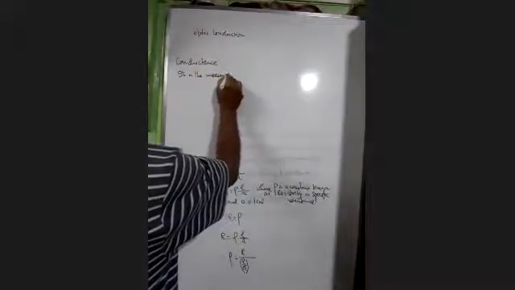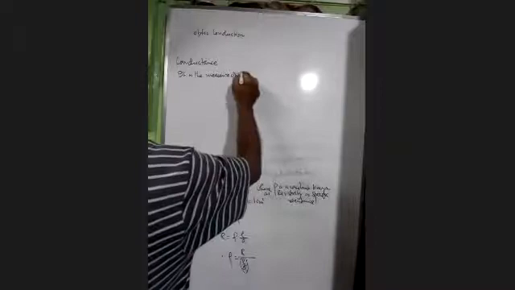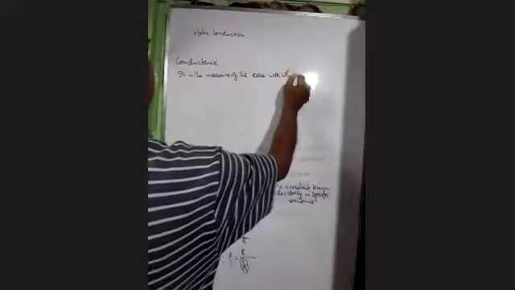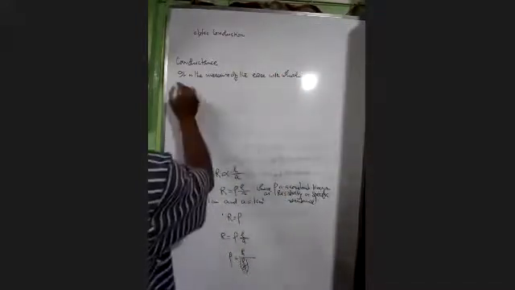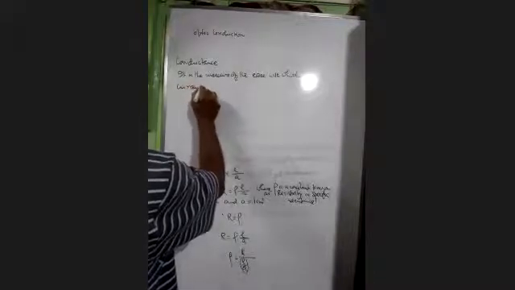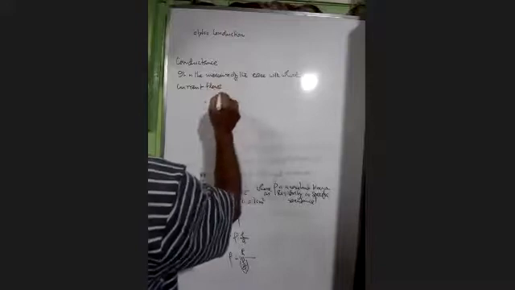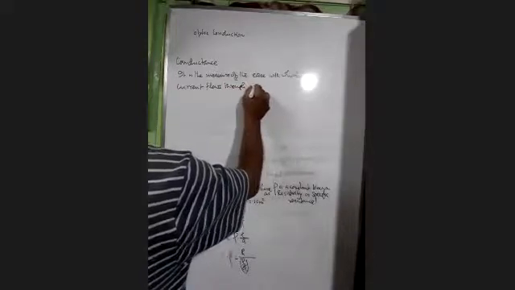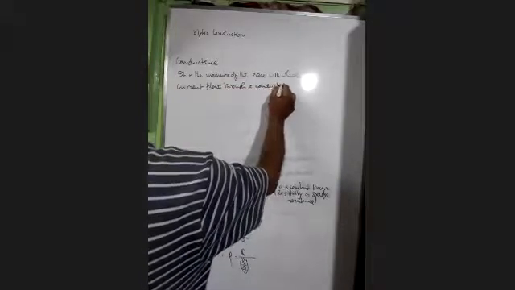So conductance is the measure of the ease with which current flows through a conductor.